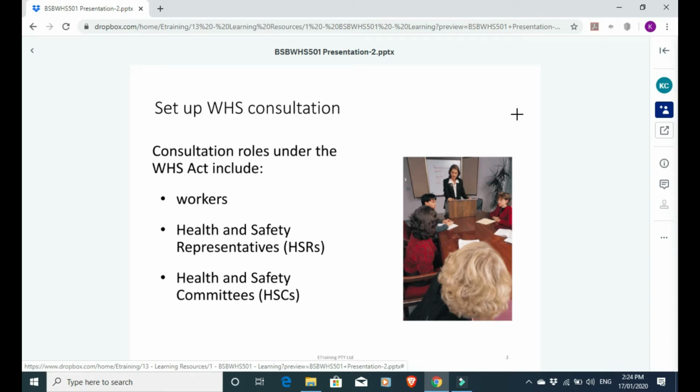What is consultation? In the WHS Act, there is a rule that you have to consult with your workers, health and safety representatives, and health and safety committees. Most organizations have committees that deal specifically with health and safety issues, and these committees will meet probably once a week or once a month, depending on the size of the organization, the intensity of the work that is done, the types of hazards and the risks that are at play.